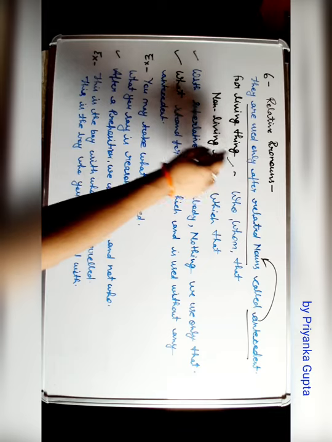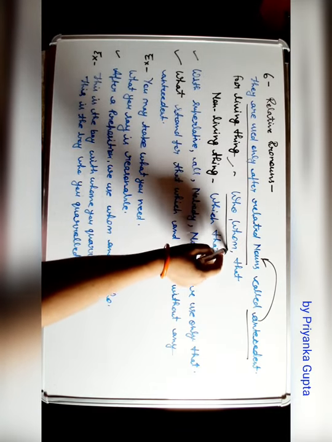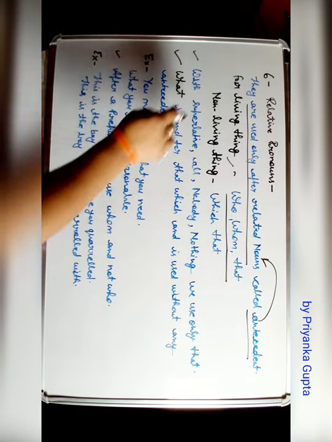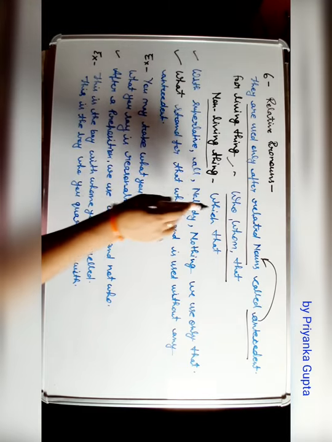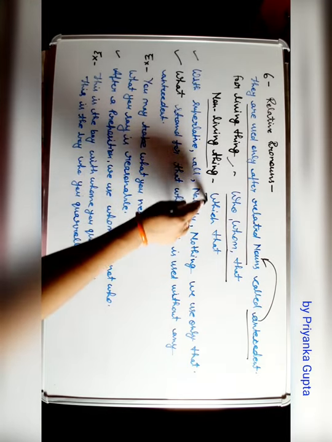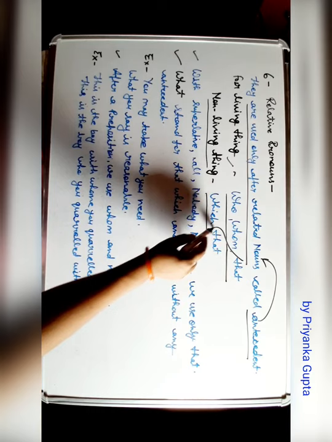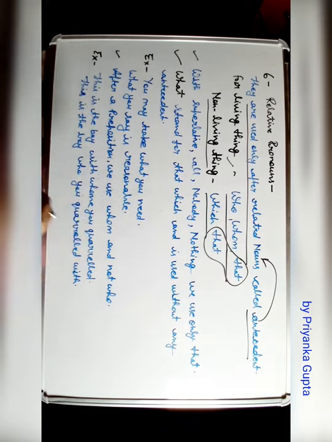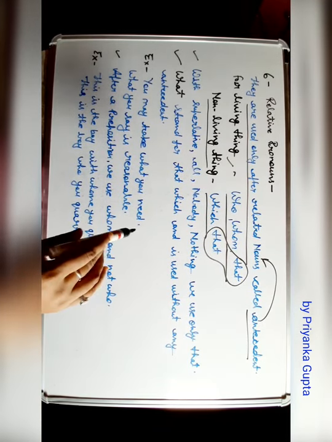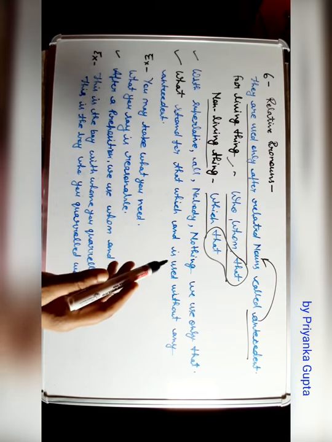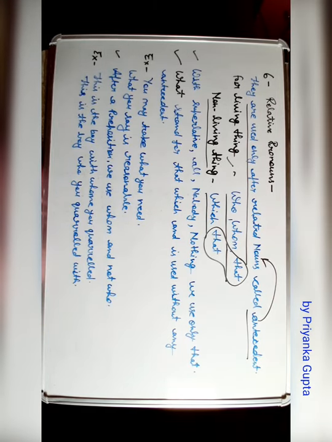For living things, we will use who, whom, that, and for non-living things, which, that. You can see here that is common. That is a common relative pronoun with living or non-living things. Clear?